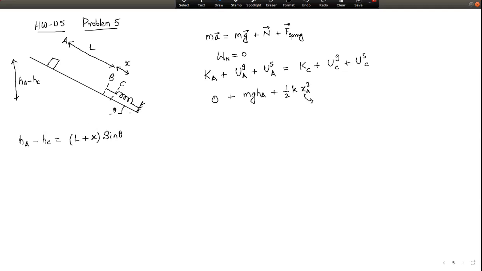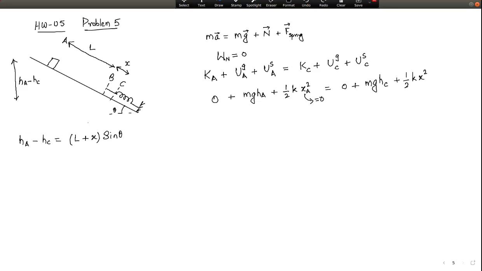There is no compression in the spring when the mass is at point A. That's equal to, at point C, the mass comes to a rest because it has already compressed the spring completely. That's again 0. Potential energy at point C due to gravity is mg h_C plus half k x. Should be x_C by the nomenclature we have used, but let's use x here. So it's x squared.